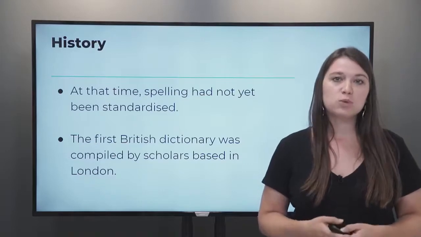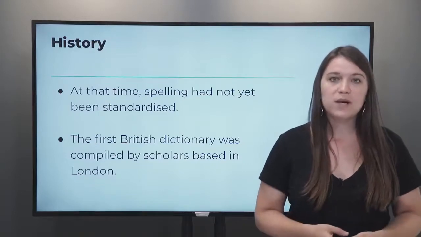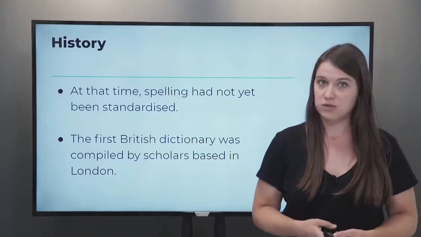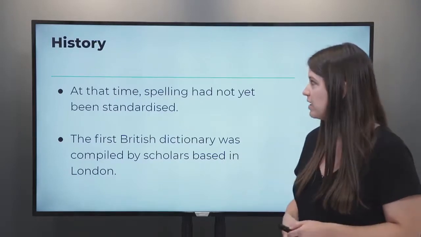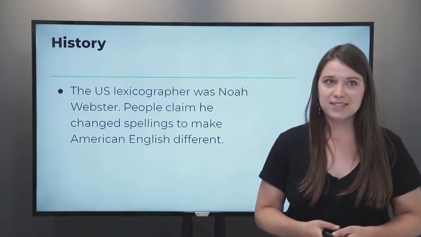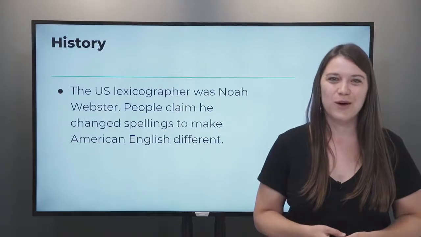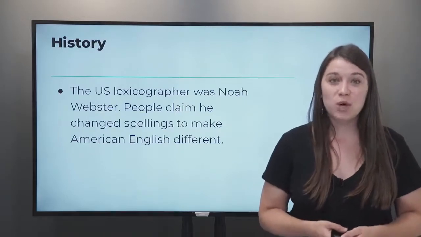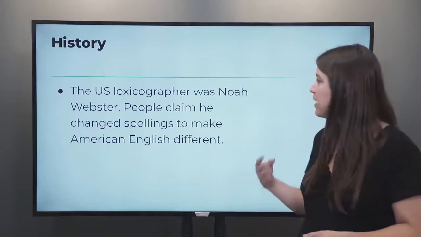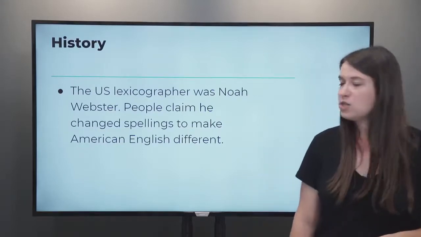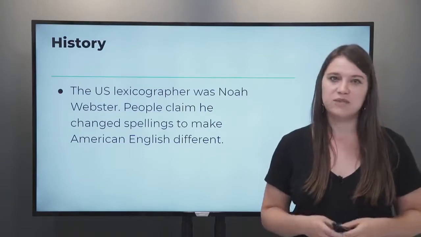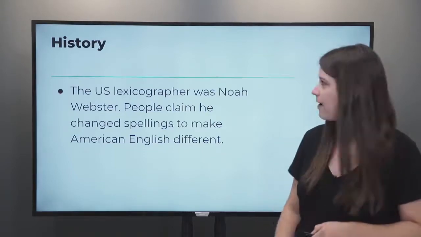The first actual British dictionary was compiled by scholars based in London, so the original English was the British version. And then the US lexicographer, that's a long word, lexicographer, was Noah Webster. This is where the Webster dictionary comes from. People claim that he changed spellings to make American English different, okay? So let's look at some of these specific differences now.